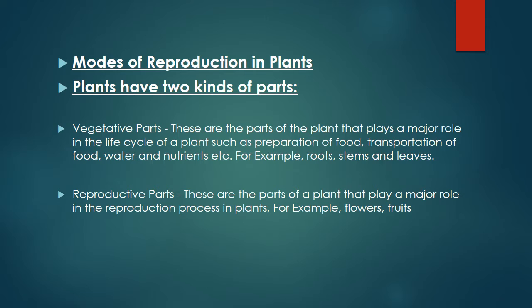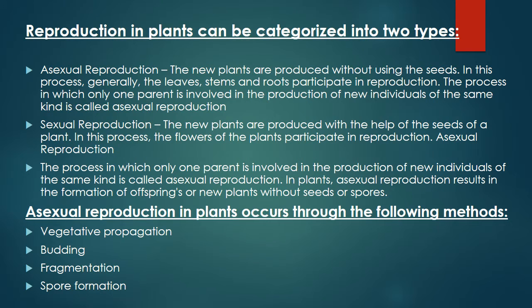Reproductive parts are the parts that play a major role in reproduction, for example flowers and fruits. Reproduction can be categorized into two types: asexual reproduction and sexual reproduction. Asexual reproduction means new plants are produced without the use of seeds, through the vegetative parts, which we call vegetative propagation.